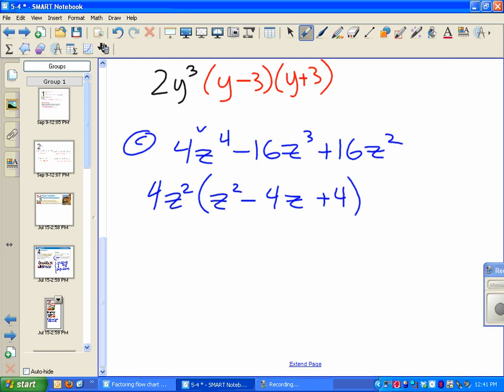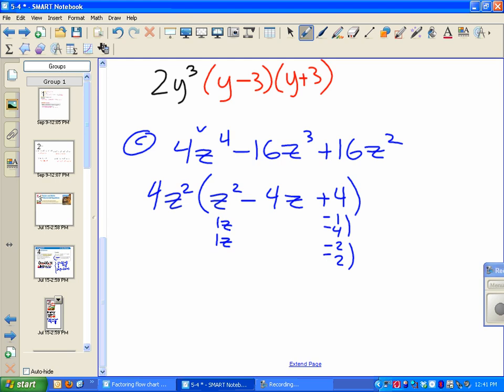Right? And then you can either use Clinton's magic or writing down your factors. Either one is fine. You could also use guess and check. So we're looking for something that multiplies to positive 4 but adds up to negative, so these both need to be negative.